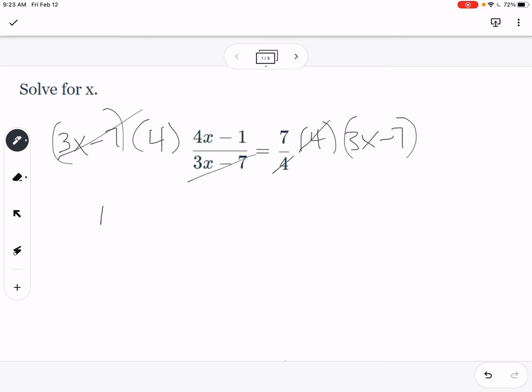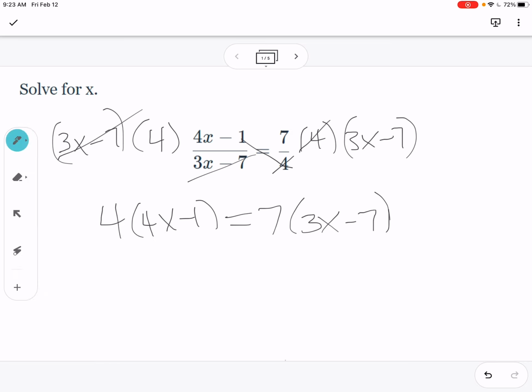So what I'm left with is what a lot of people call cross multiply, where you get 4 times 4x minus 1 equals 7 times 3x minus 7. Okay? And then from here, I'm going to go ahead and solve. I'm going to get 16x minus 4. I'm going to get 21x minus 49.